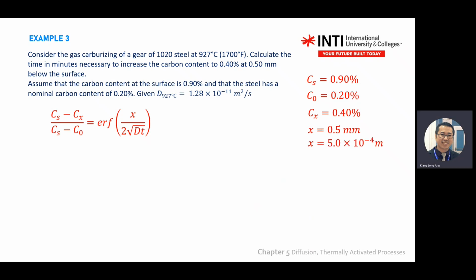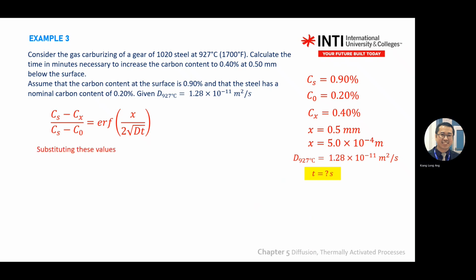So you need to change your units into meters because the Z value you are referring to is in SI units. Remember to change into SI units. Then only one thing is missing in the equation. You substitute all these concentration values and you get one ratio, right?